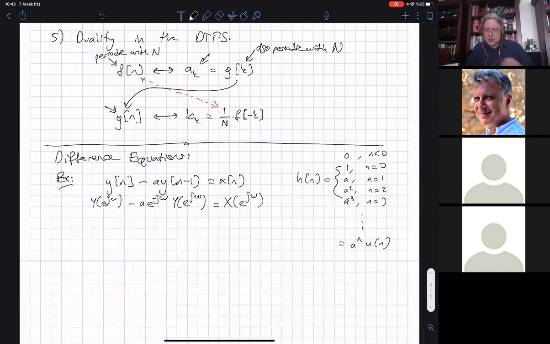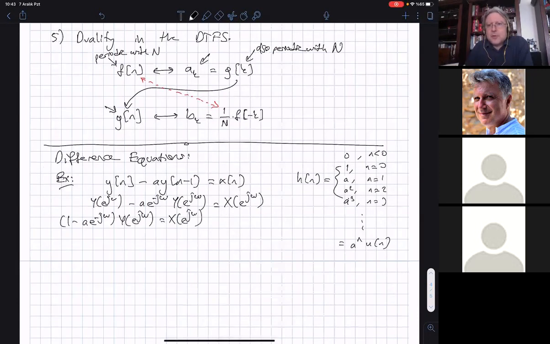So let's put the left-hand side into parentheses: 1 minus a e to the minus j omega, times Y of e to the j omega, is equal to X of e to the j omega.